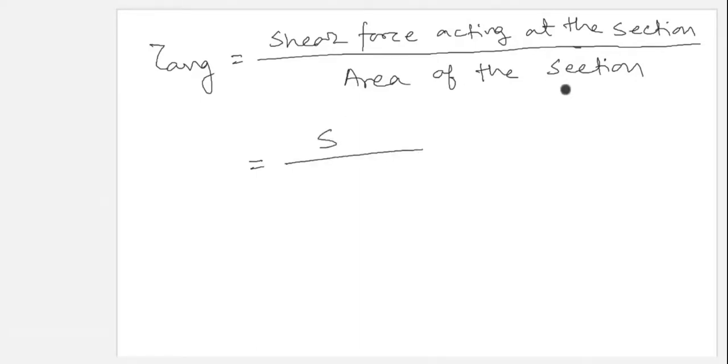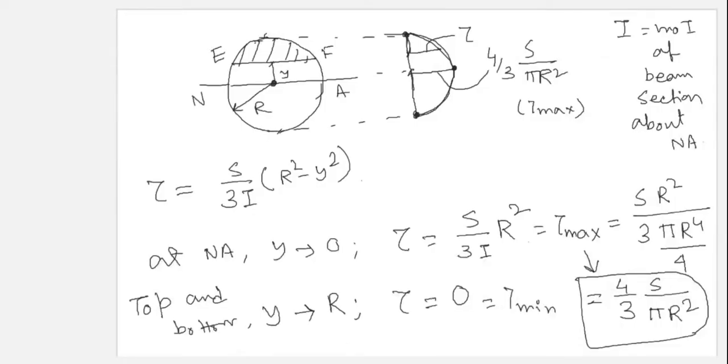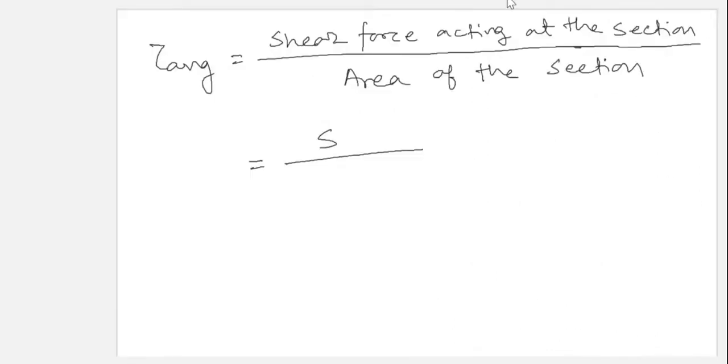What is the area of a circular section of radius r? Pi r².